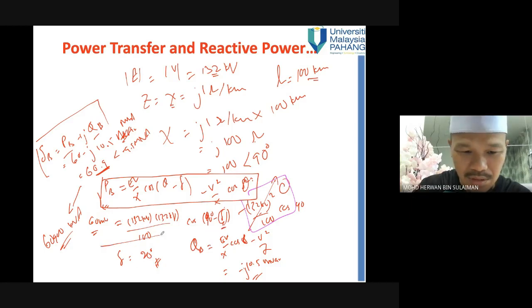You get theta of 20. Once you get theta, you can find Q. So Q is EV over X cos theta minus V squared over X. So you get Q of 10.5 MVAR. So this is your SB, PB plus jQ, 60 minus 10.5 MVAR, you get 60.9.